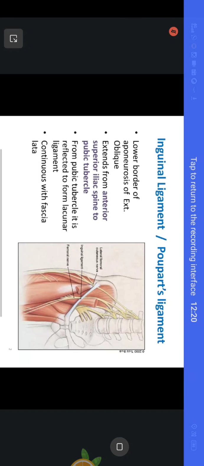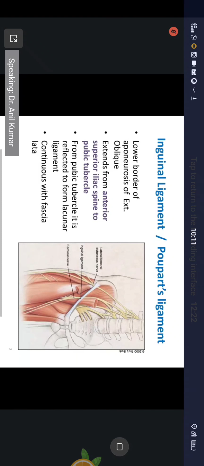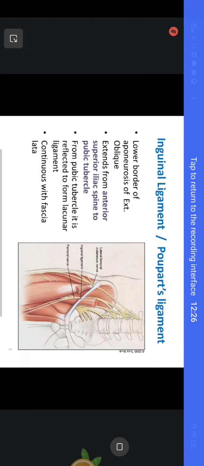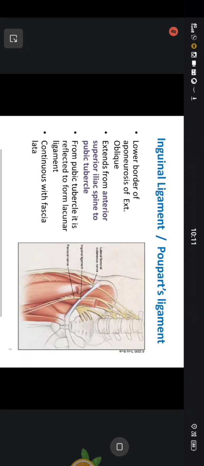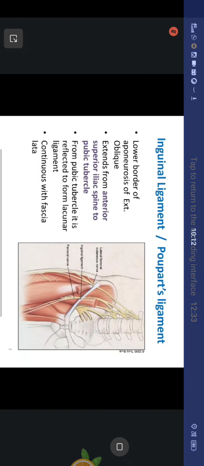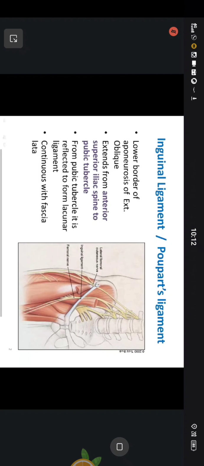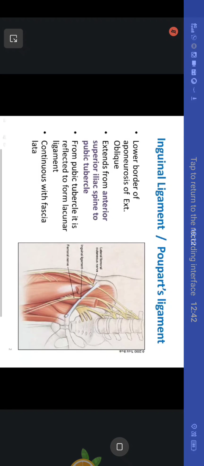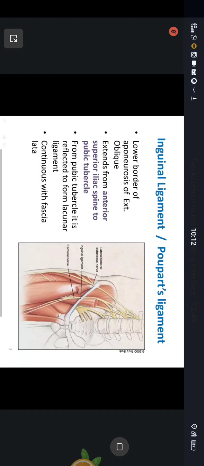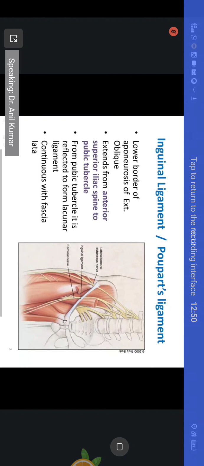Just now I said there is a muscle in the abdomen called the external oblique. In the lower part, it has an aponeurosis, and it is thickened and folded on its inner side to form this inguinal ligament. It extends between the anterior superior iliac spine and the pubic tubercle. And from the pubic tubercle, it is reflected and runs medially to form another ligament called the lacunar ligament.